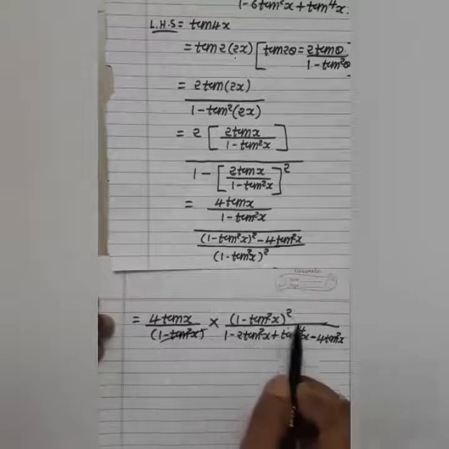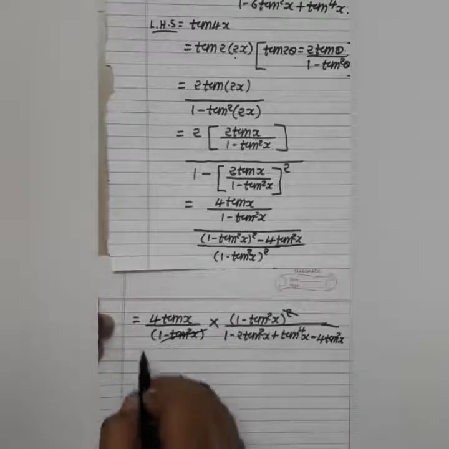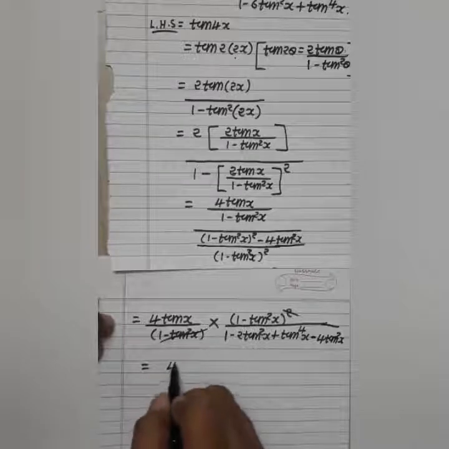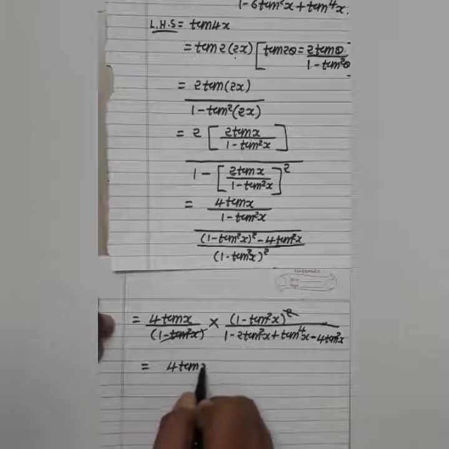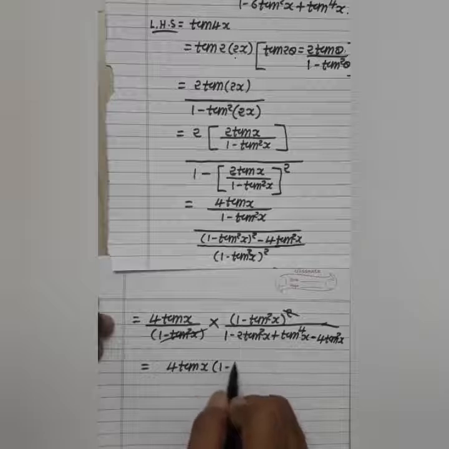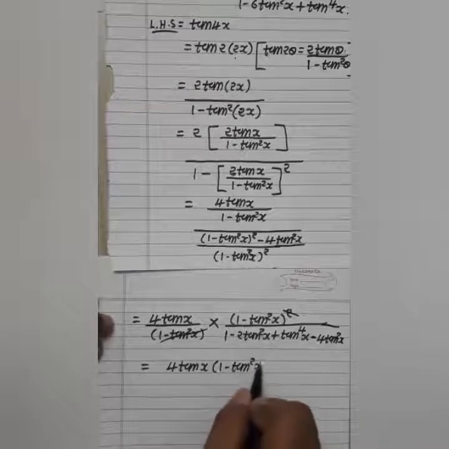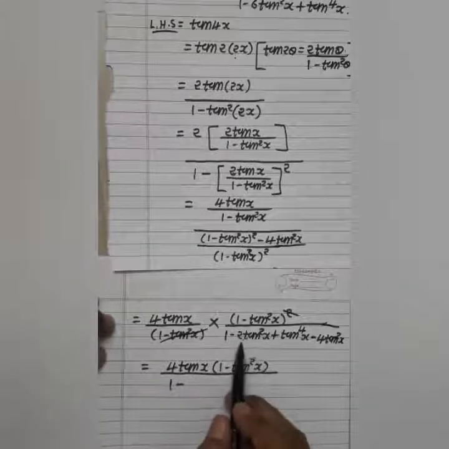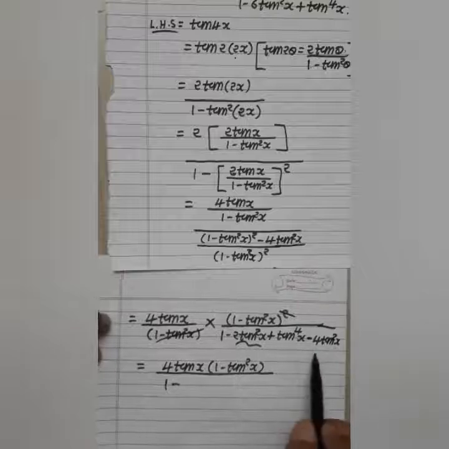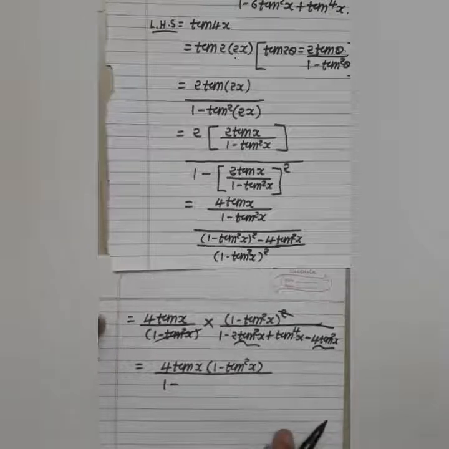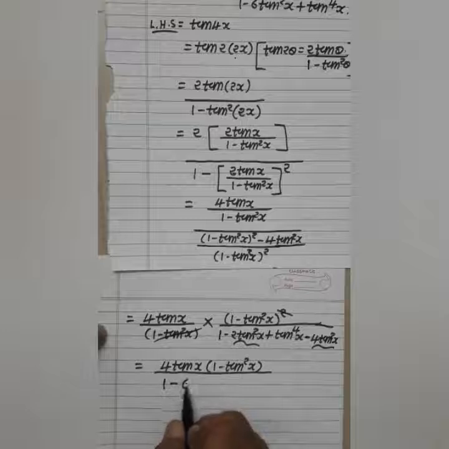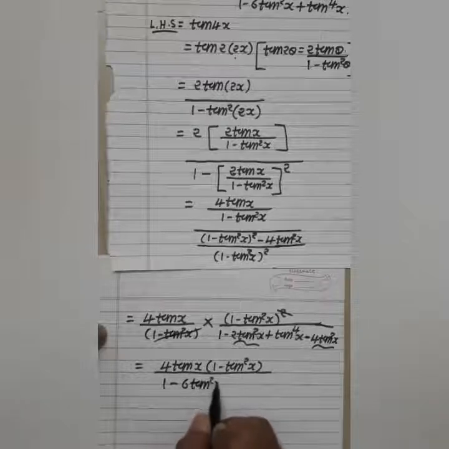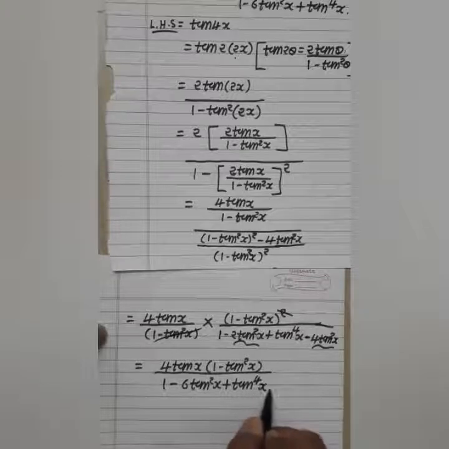Now here one term cancels out, so in the numerator the remaining term is 4 tan x into bracket 1 minus tan square x, upon, in the denominator, 1 minus 2 tan square x minus 4 tan square x, that means minus 6 tan square x plus tan raised to 4x.